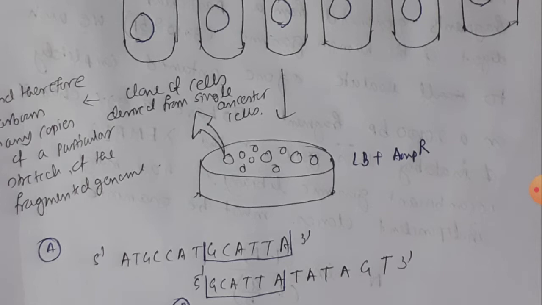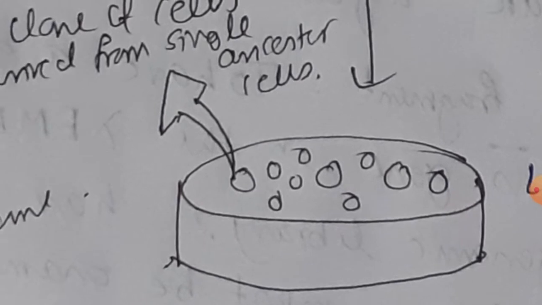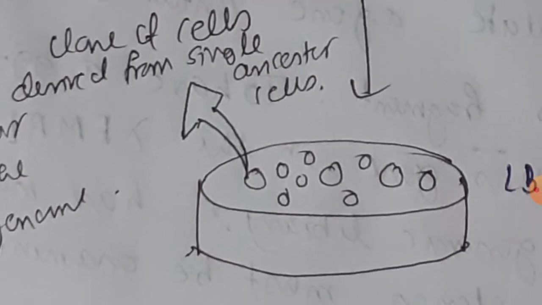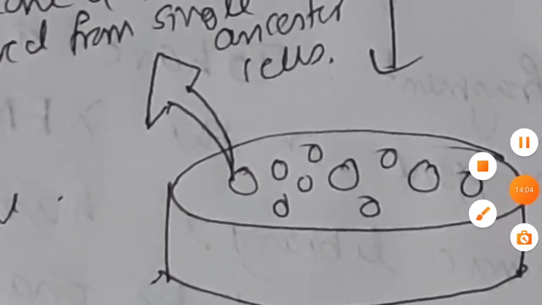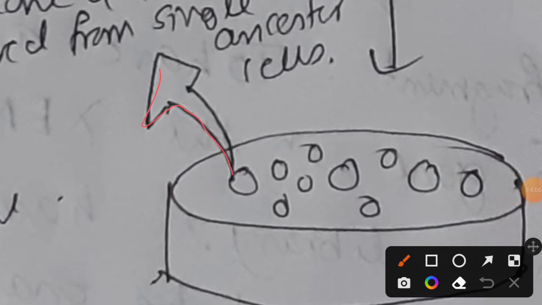Each of the colonies on the plate will contain a clone of cells derived from a single ancestor cell, because during the incubation time the cell divides and increases its number, right? So each of the colonies will contain millions of cells which are descendants of a single cell. Okay, and each cell will contain a particular stretch of nucleotide sequence.